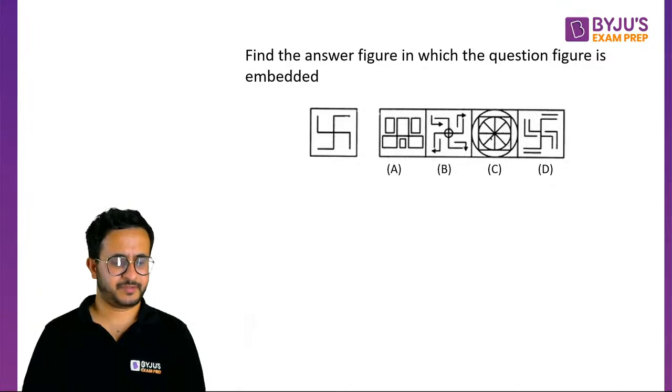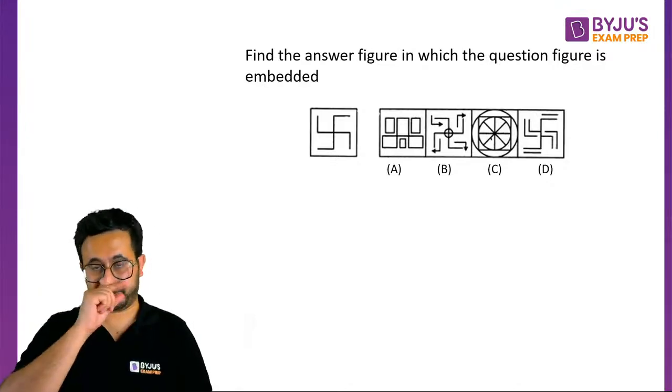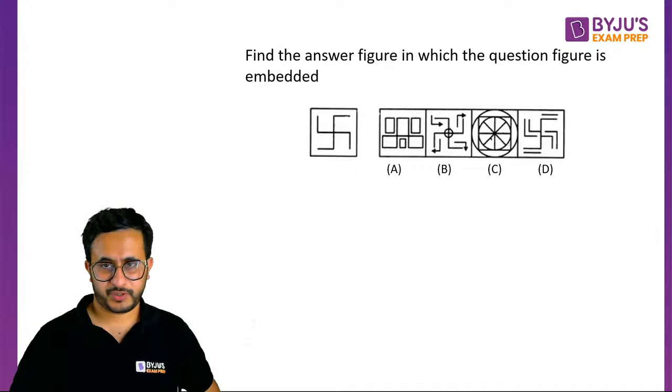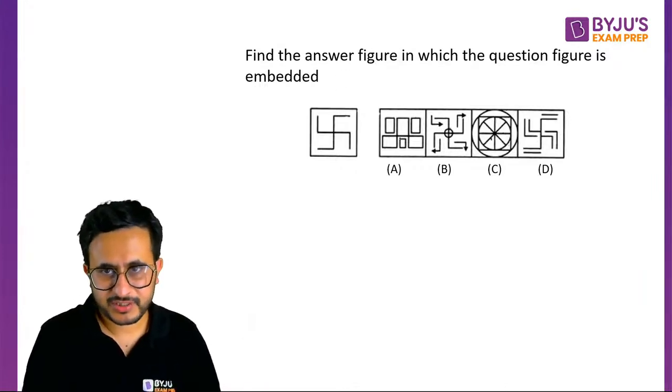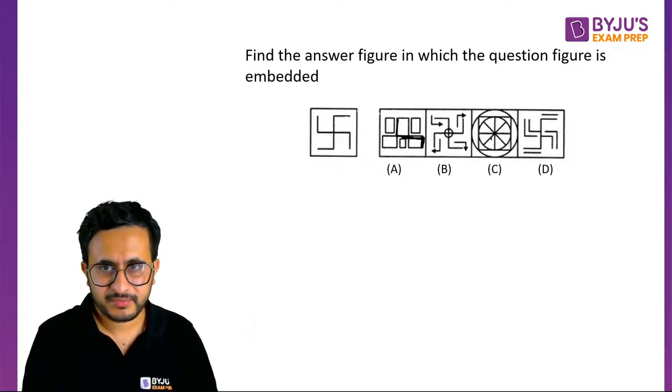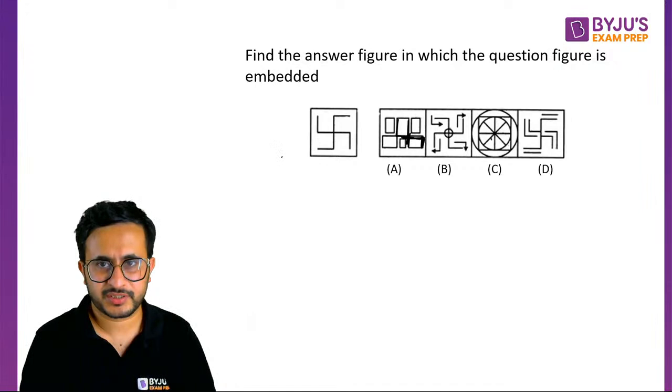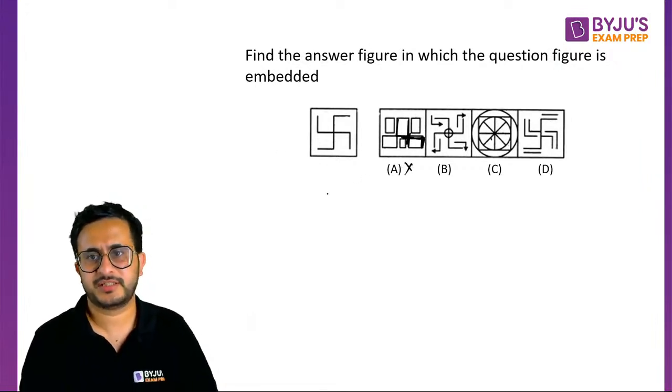Okay, so some have answered B and D also. So A, I think no one will answer because you see it like this, but this part we do not have, right? We do not have something going like this or this. So A is not the answer.